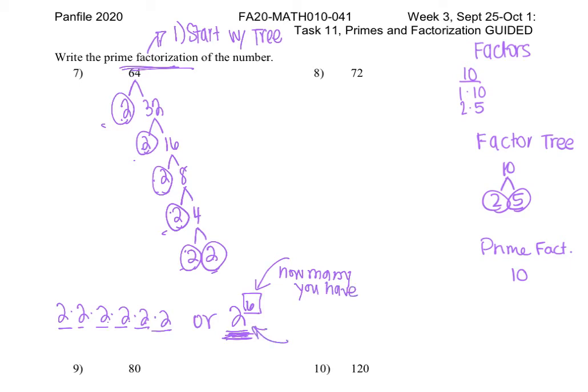This is called your base. This is called your exponent. This is how many you have. This is what you have.